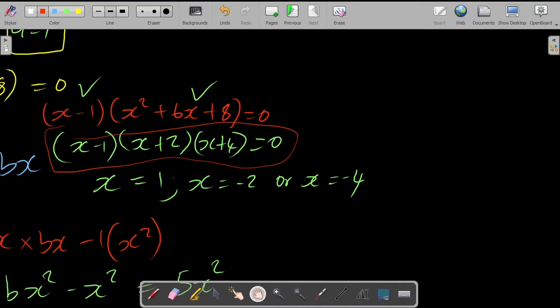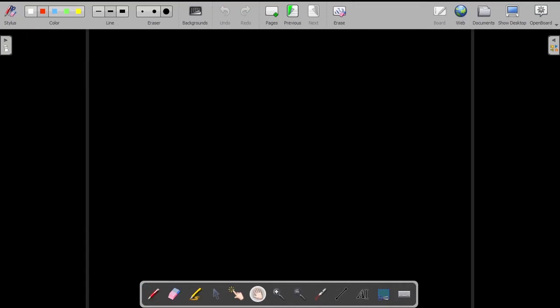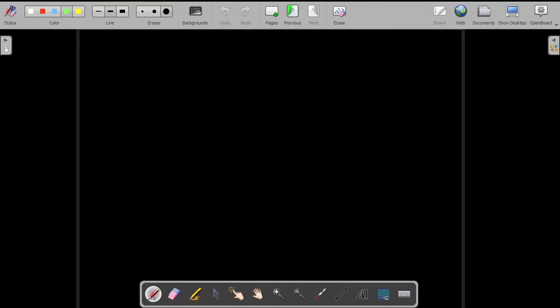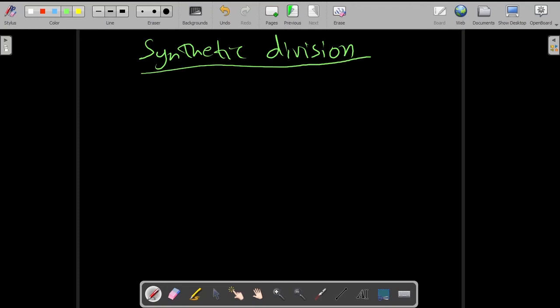So that was inspection. And now we can move on to the other method, which is called synthetic division. So let's talk about synthetic division. This follows a similar approach, but it differs when you find your coefficients. So here's how it differs.